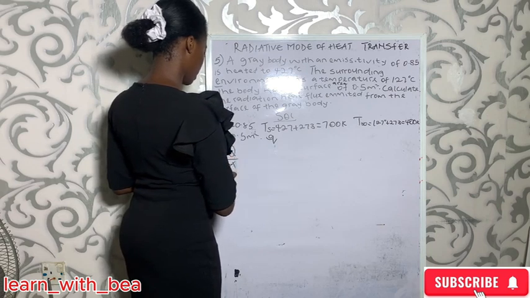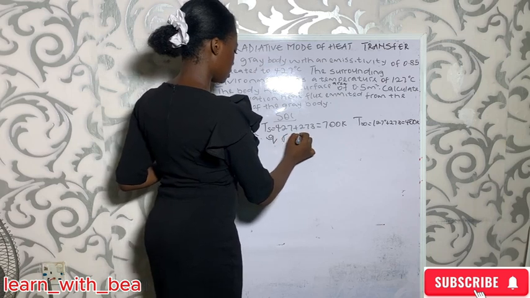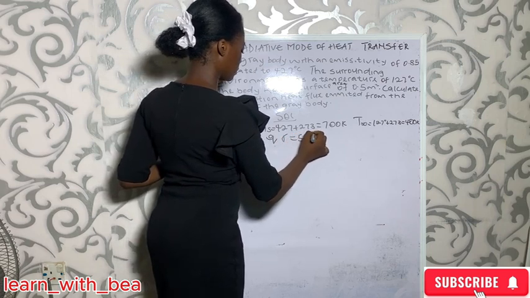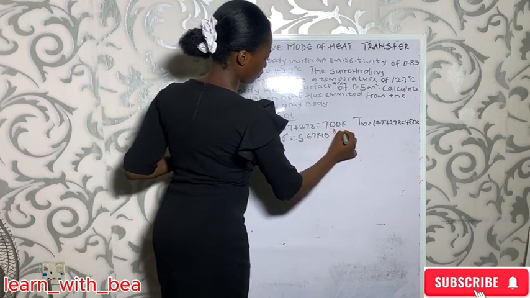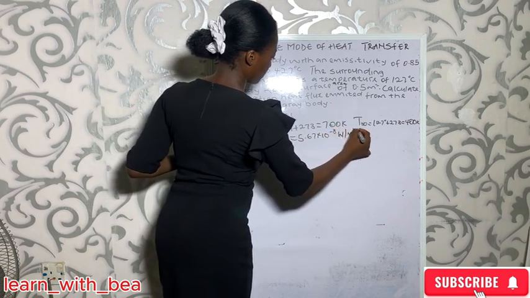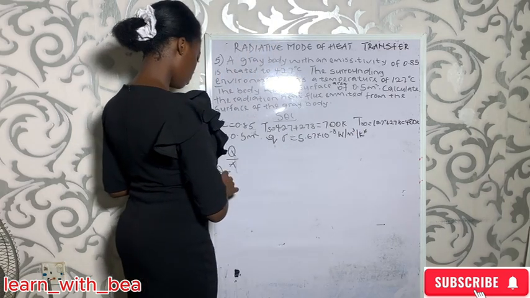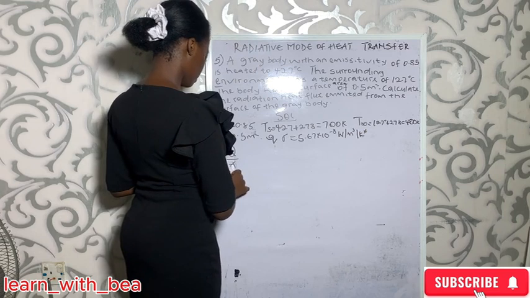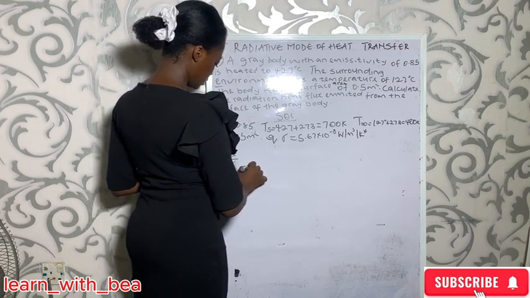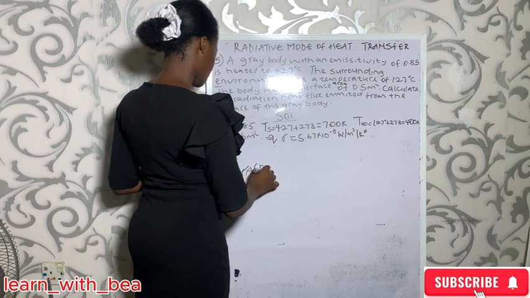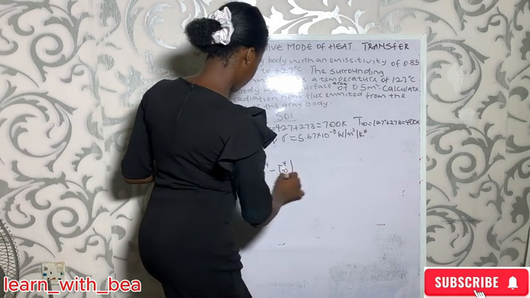So let's calculate our Q. Our constant is 5.67 times 10 to the minus 8. Q is emissivity, constant, area, and Ts raised to power 4 minus T raised to power 4.